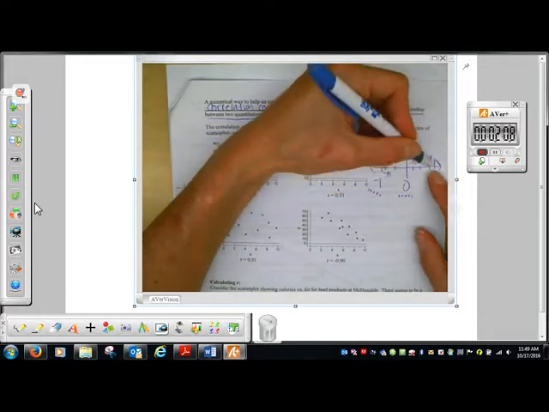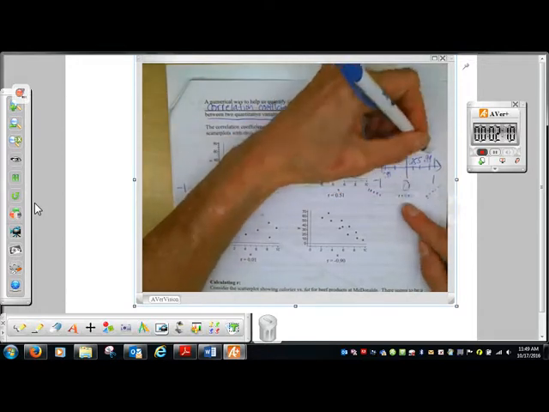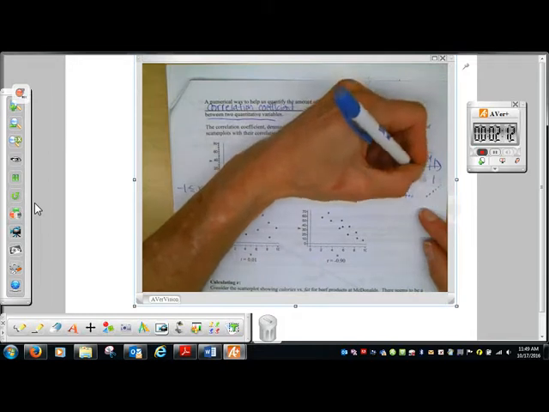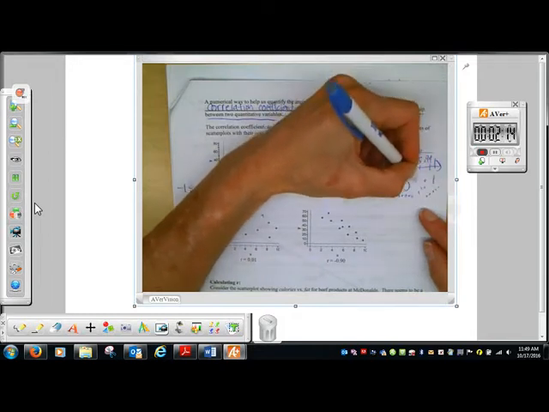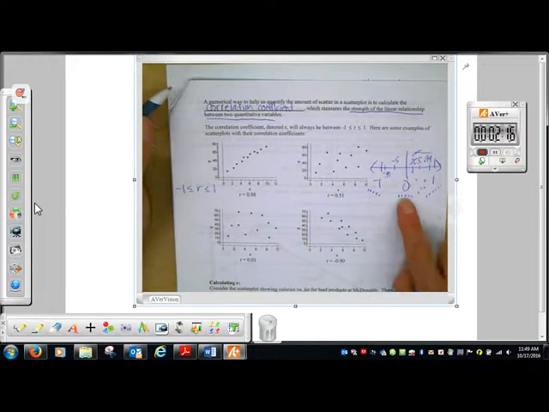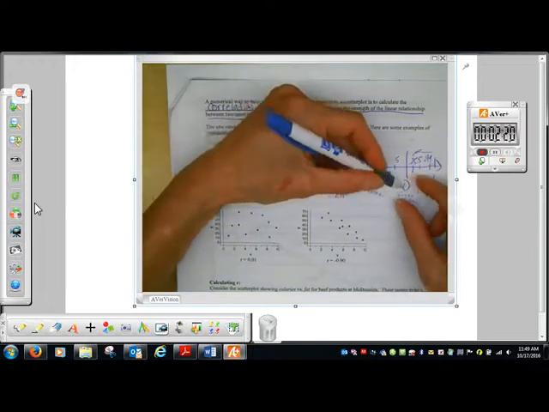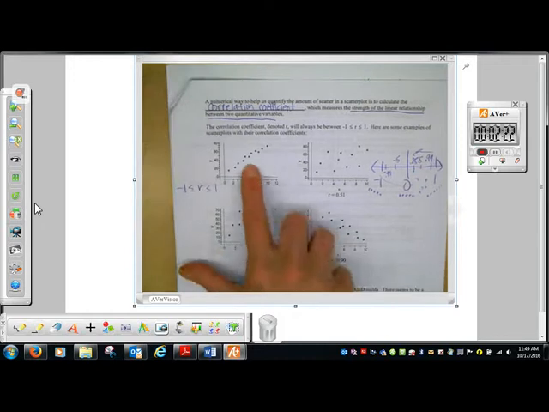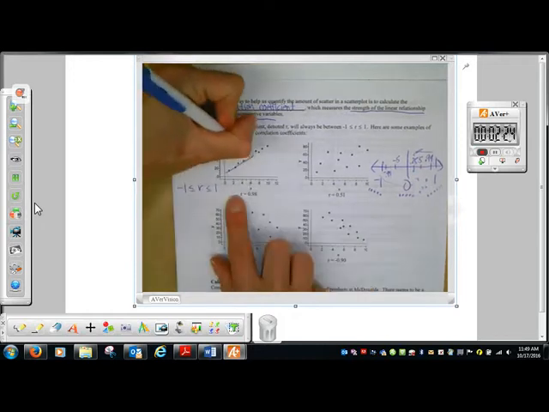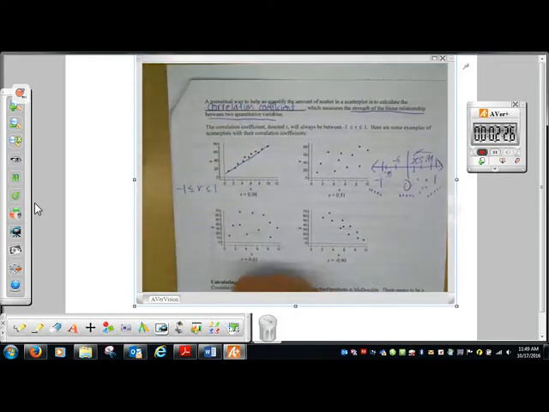As you move closer to 0 in this direction, these points become more and more spread out, but still going up from left to right. These get more spread out, but still going down from left to right. So this has a very high correlation, very tight to that line, not that spread out.